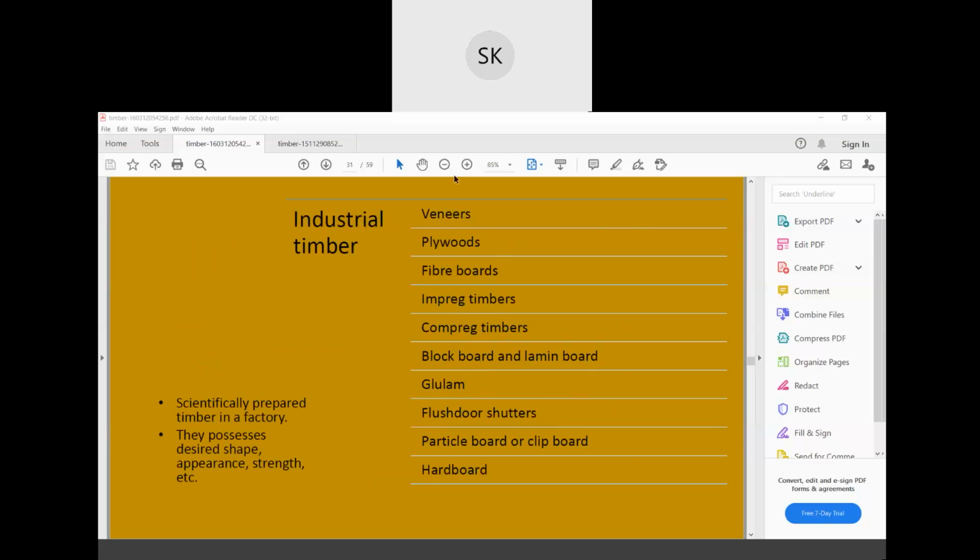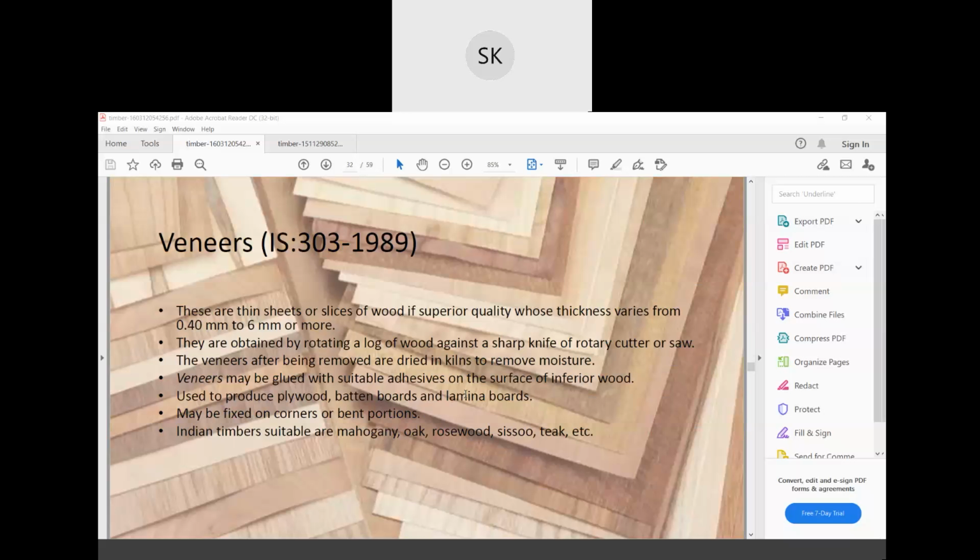So these are the different industrial timber. We convert the wood into these industrial products for our purposes. We don't use wood directly in our homes, right? So we use the converted form of timber in our day-to-day life or in construction projects.